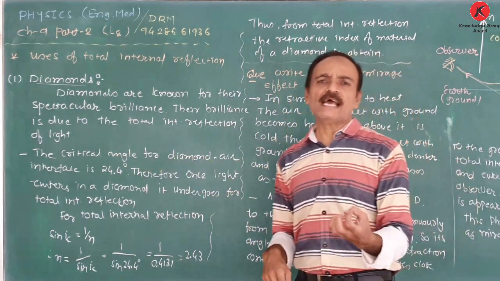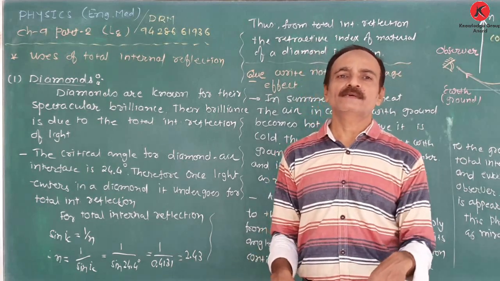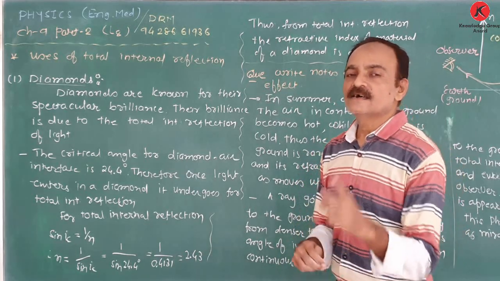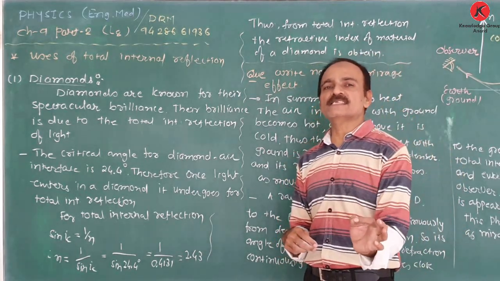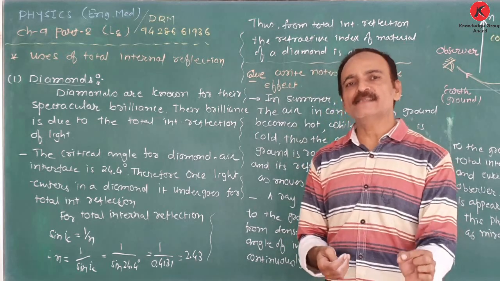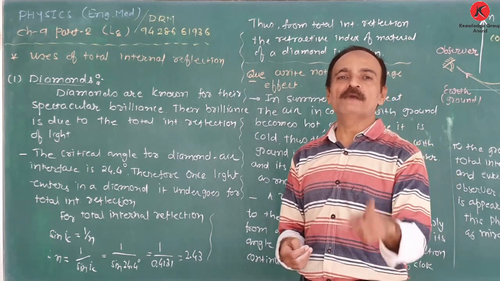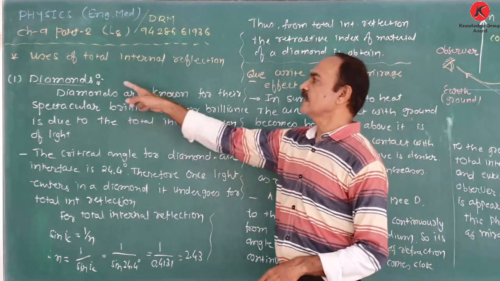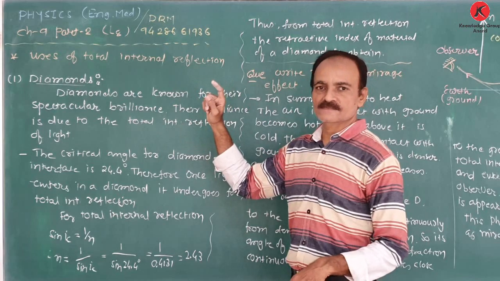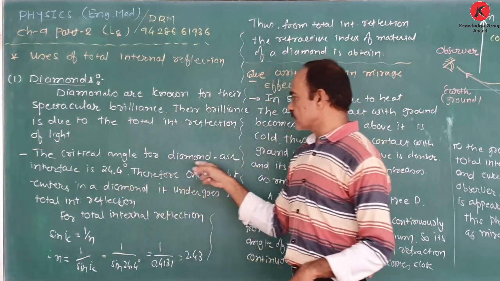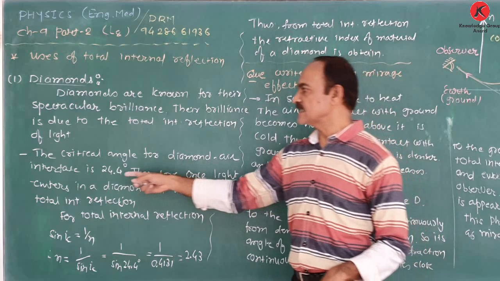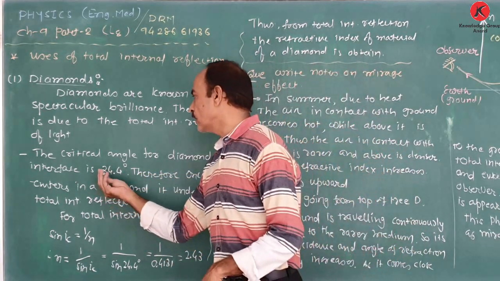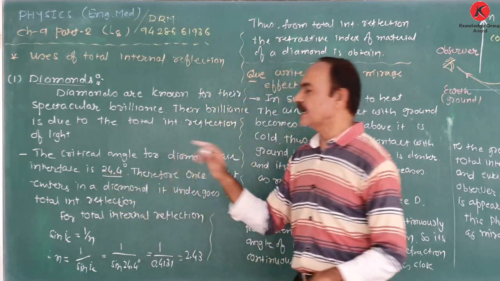When diamonds are prepared, the cutting of the diamond is done in such a way that the critical angle is very small. Therefore, light entering the diamond at any angle always undergoes total internal reflection, and due to this, diamonds show brilliance. The critical angle for the diamond-air interface is 24.4 degrees.